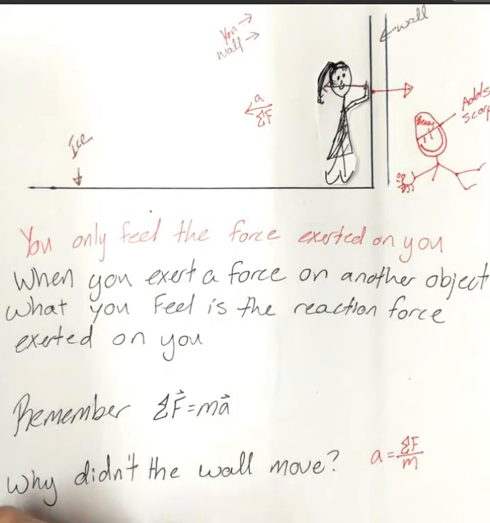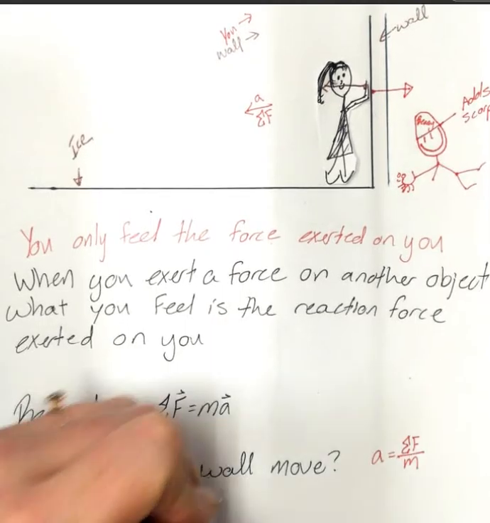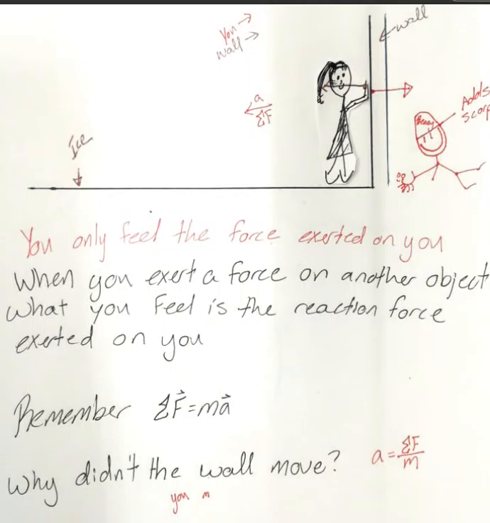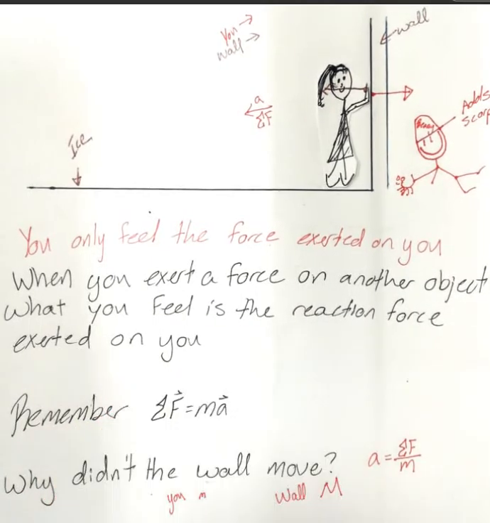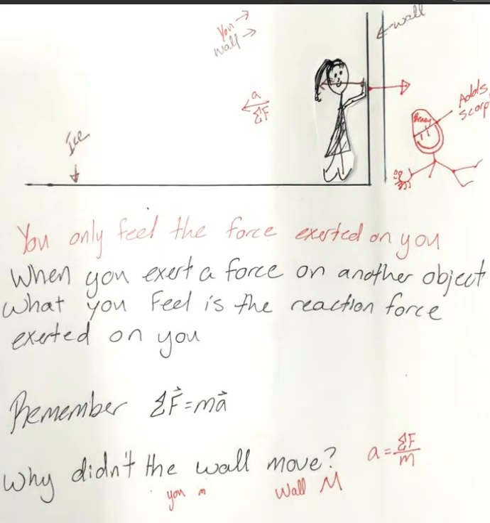All right, your mass is very small, whereas the wall's mass is very big. So let's think about this relationship between acceleration and mass that we looked at. Right? So if your mass is small, it means that your acceleration is automatically going to be larger than the wall's acceleration. Also, if the wall's mass is large, its acceleration would be small.